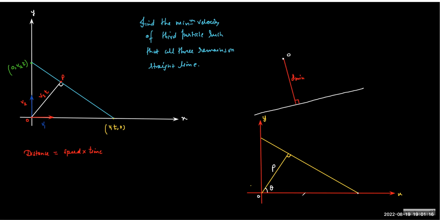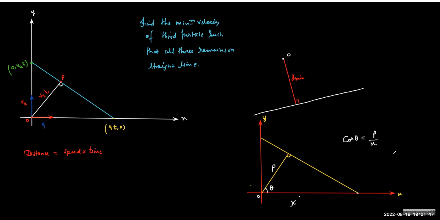So which trigonometric equation will relate the p with the base? Any idea? Yeah, definitely it's cos theta. So cos theta equals the base, let's call it x. Cos theta equals how much? P by x, I think. Am I right?